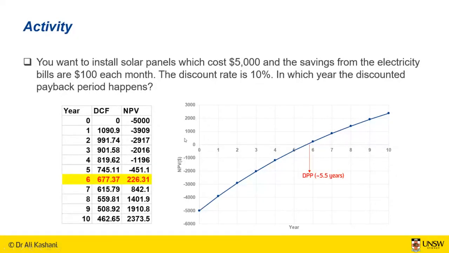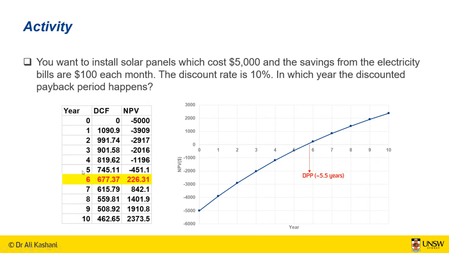So your discounted payback period is going to be something between 5 and 6 years. The easiest way to do it is just plot the graph, and you can see at which time you're getting the net present value of 0, and this is going to be your discounted payback period.